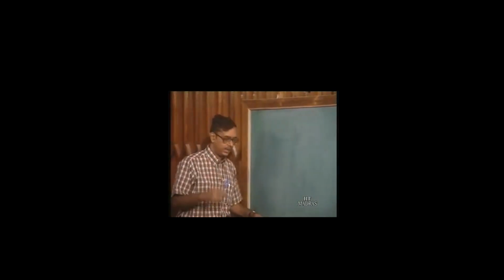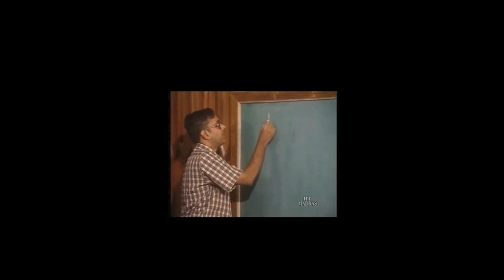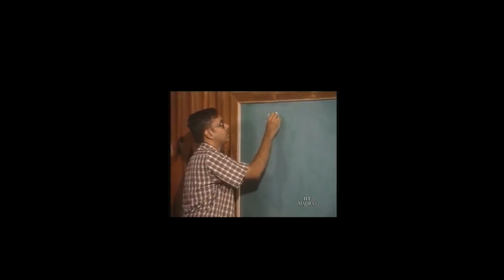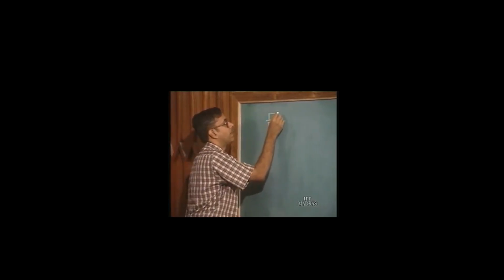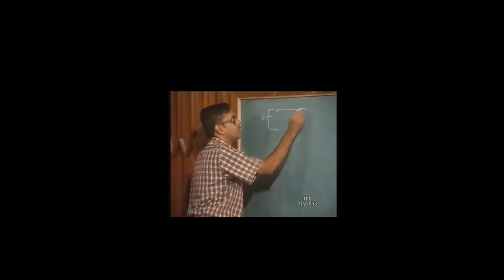So we have seen the two parameters, the delay of the line and the characteristic impedance. Now let us look at the effect on a transmission line. Suppose we have a signal source of voltage V, and we have a transmission line.